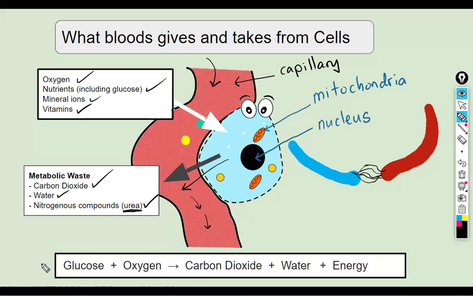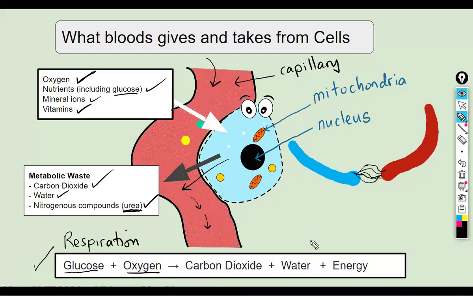Okay? And for those who forgot the chemical formula for respiration, I have it underneath here in case you forgot it from last term. Cells take glucose and oxygen, which they get from the capillaries, because remember, the capillaries are providing oxygen and glucose. Your cells, more specifically your mitochondria, will take glucose and oxygen, mix it together, and do a magical reaction.